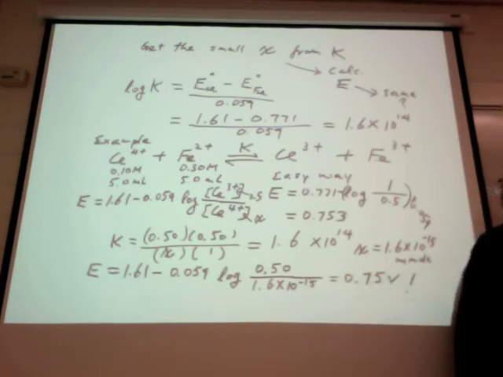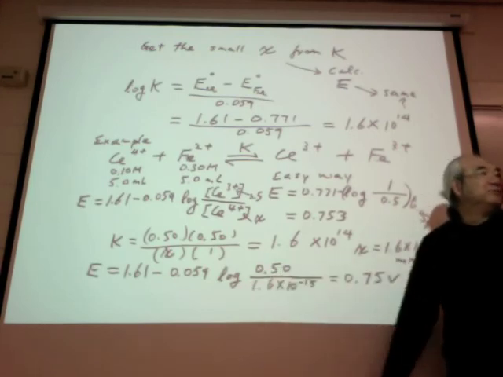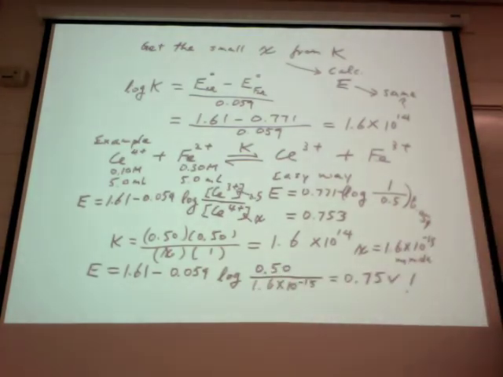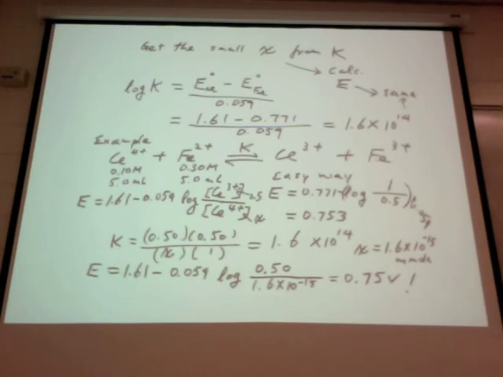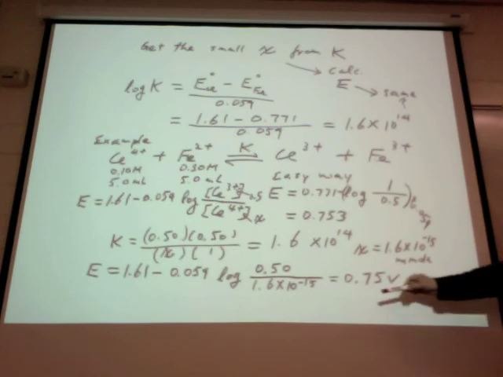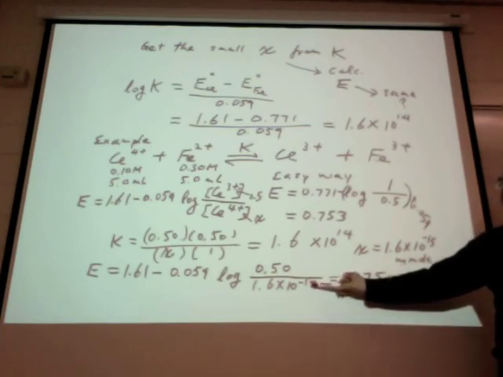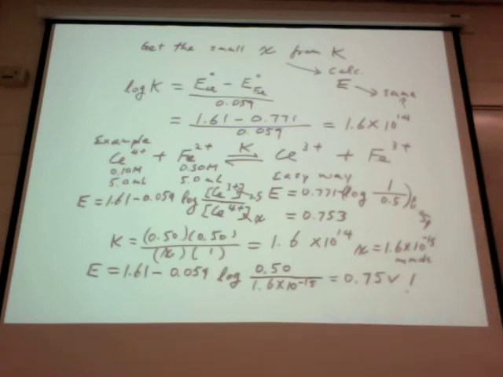This is 10 to the minus 15. Do this exercise at home to prove your math skill. Okay? This log scale. So this is pretty interesting, right? Even though you have such a tiny number, you end up with the same value that you calculated based on the iron.